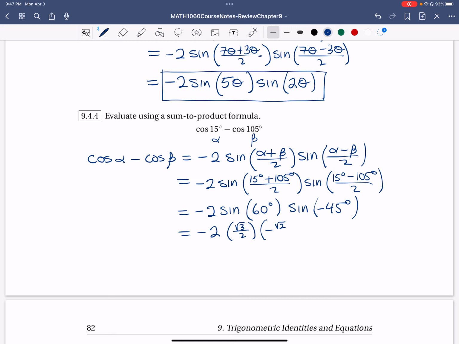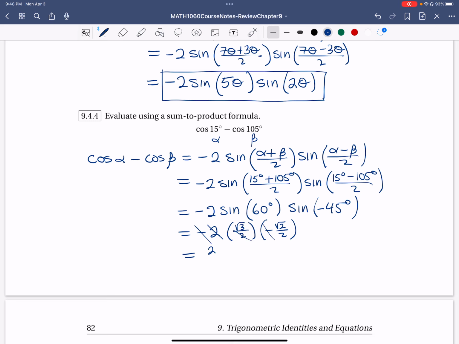So we'll get negative root 2 over 2. And so I could cancel the 2s and cancel the minus signs. And I actually have just root 3 times root 2, so root 6 over 2. Okay, and then we'll leave it like that.